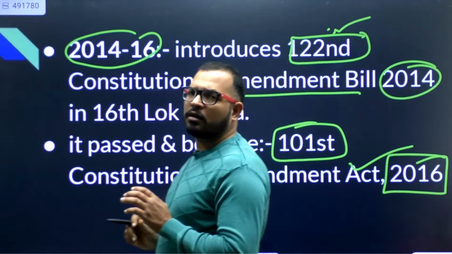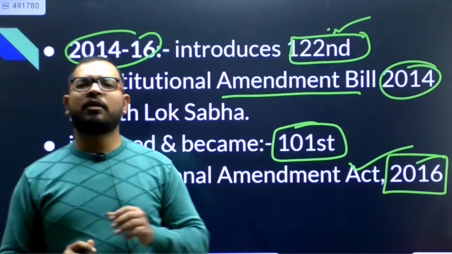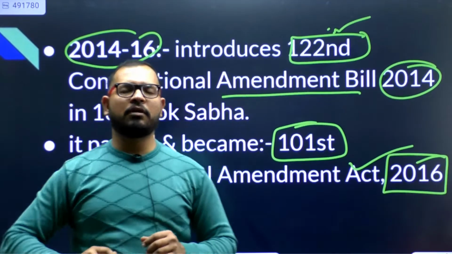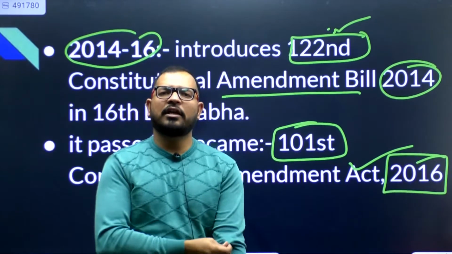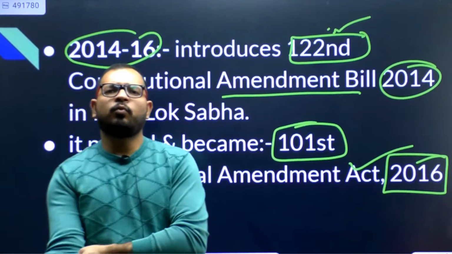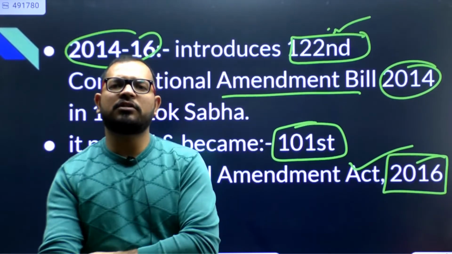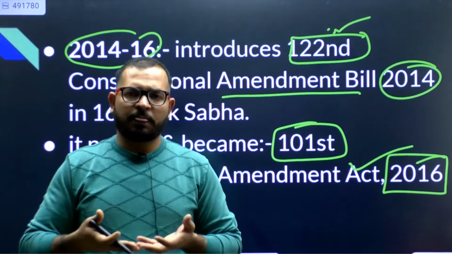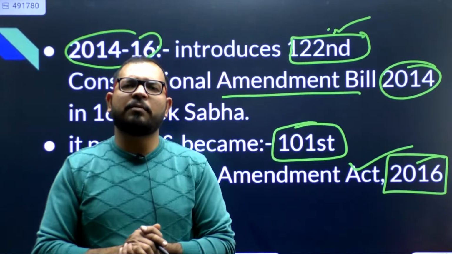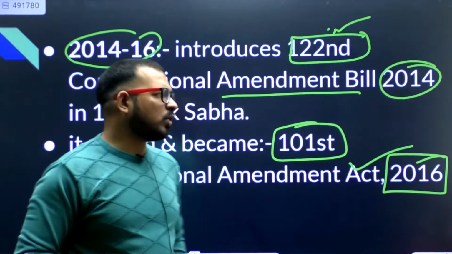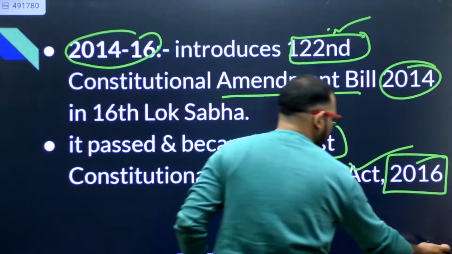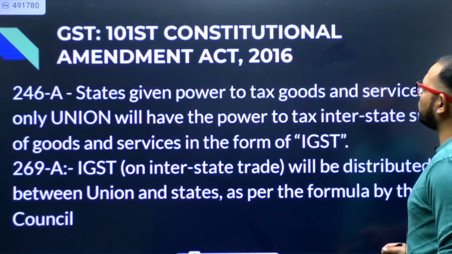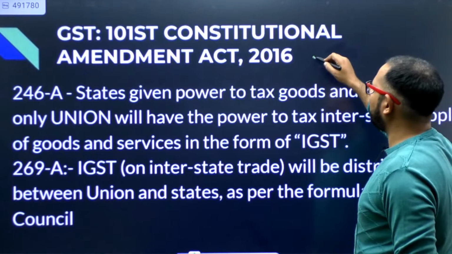If you are preparing for a one day exam, then 2016 becomes important. They generally ask in which year the act, or the constitutional amendment act, was made. So it was 2016. In 2016 the constitutional amendment act came.